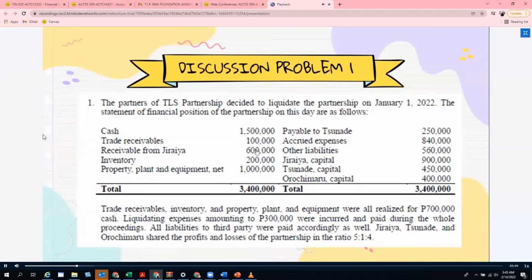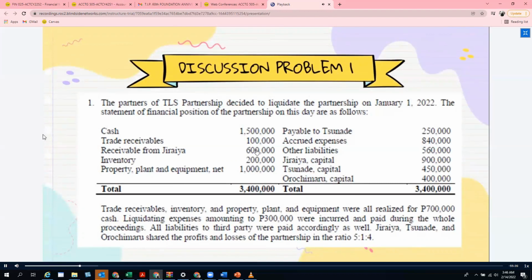And remember, Tsunade and Jairaya, they are partners within TLS partnership. No? So let's find out what we're going to do to these items. No? Receivable from Jairaya and payable to Tsunade. Accrued expenses, then other liabilities. Ayun na. Jiraiya Capital, Tsunade Capital, and Orochimaru Capital.